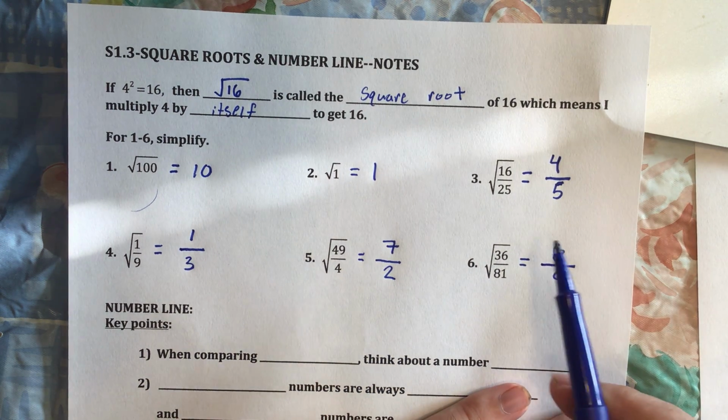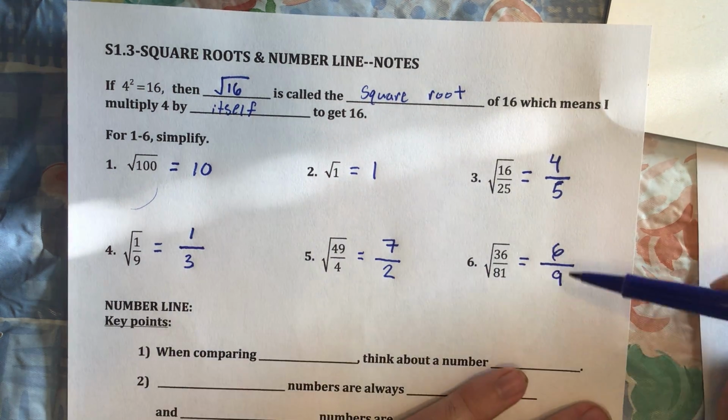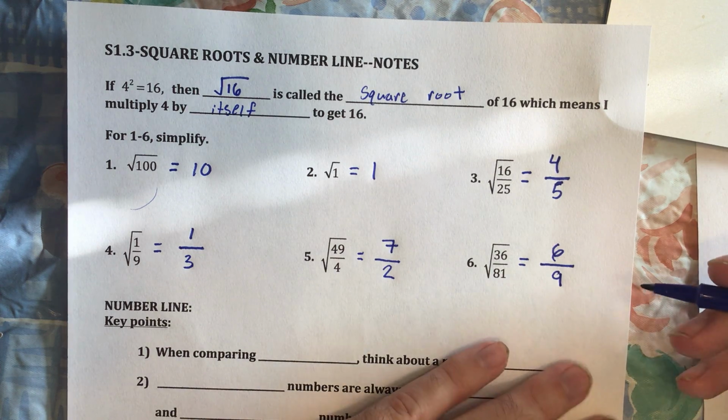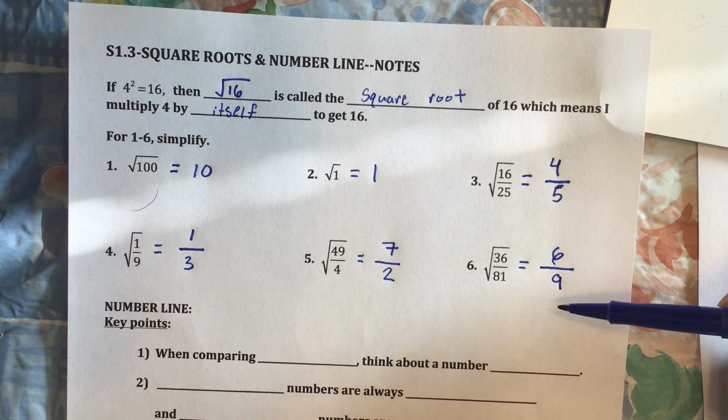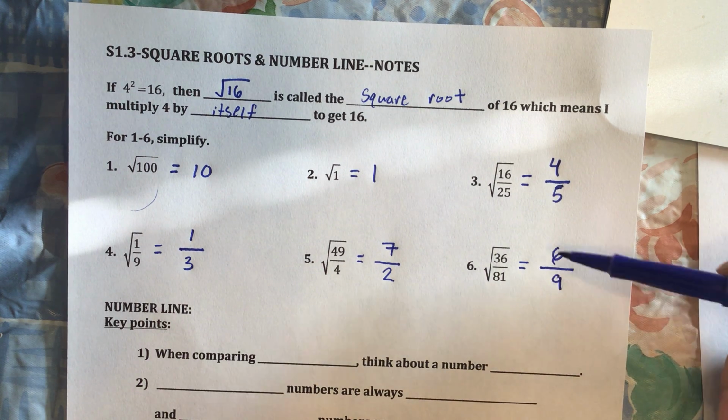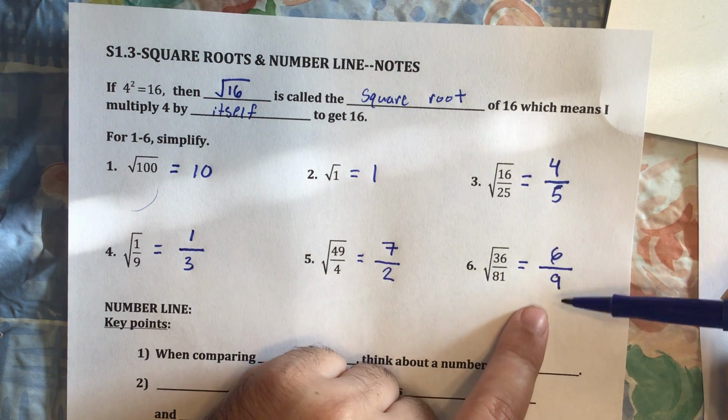Now, this hasn't happened for any of these, but if this happens, technically, we can go one step further because 6 divided by 9, they have a common factor. Both of these numbers are actually divisible by 3, aren't they?